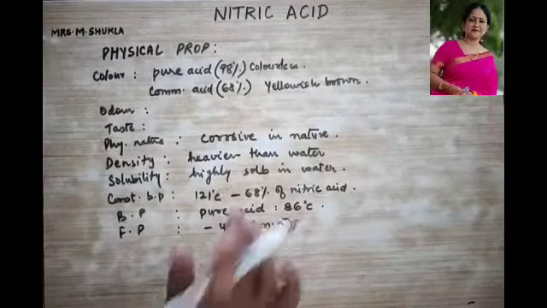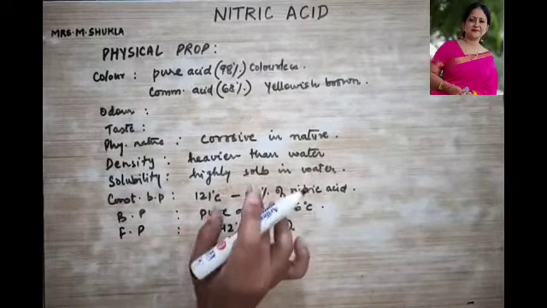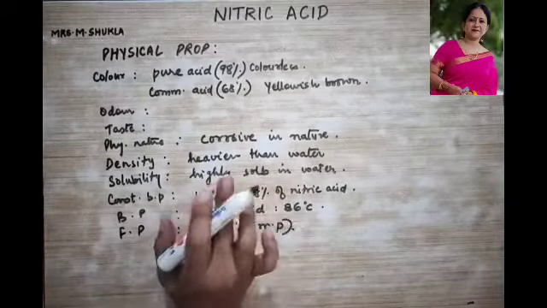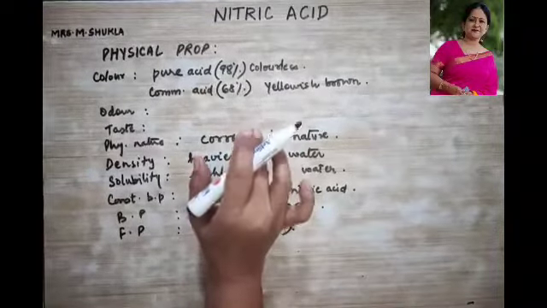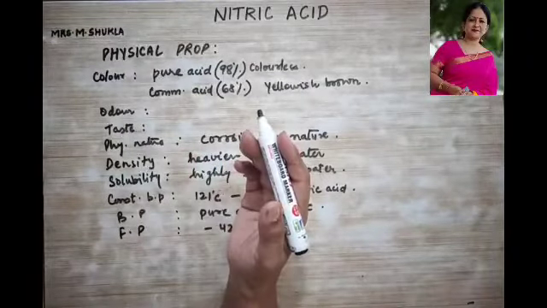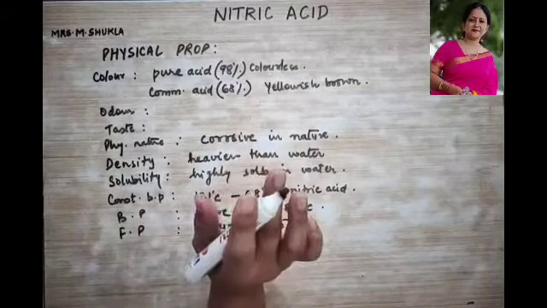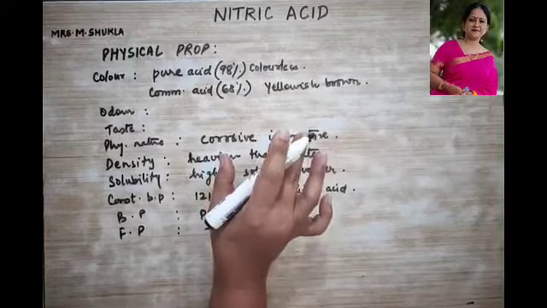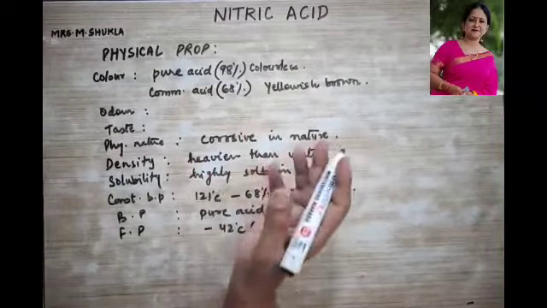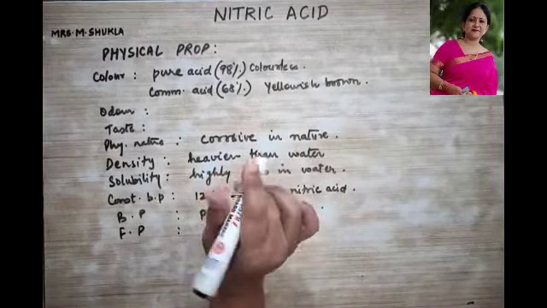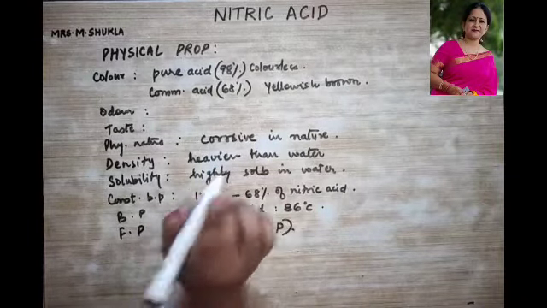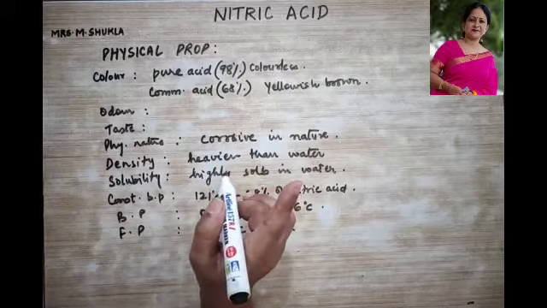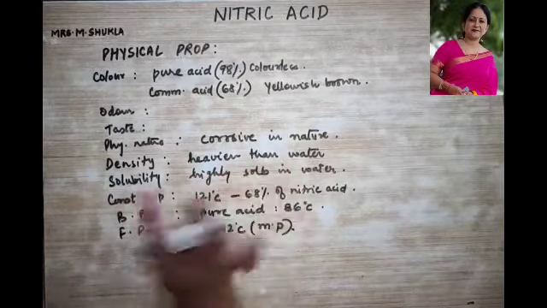Clear? This constant boiling mixture, what do we understand here? The mixture boils without any change in the composition. Hence, on boiling, the mixture evolves the vapors of both acid and water in the same proportion as in the liquid state. Now, this 68% nitric acid cannot be concentrated beyond 68% by simply boiling.